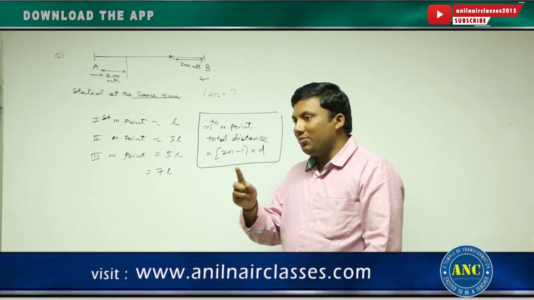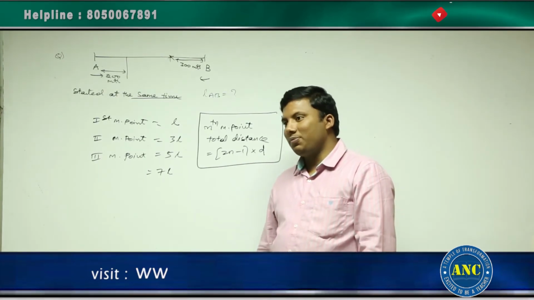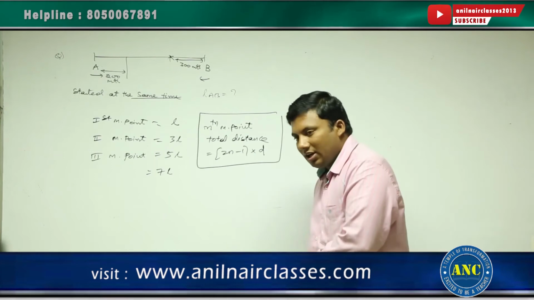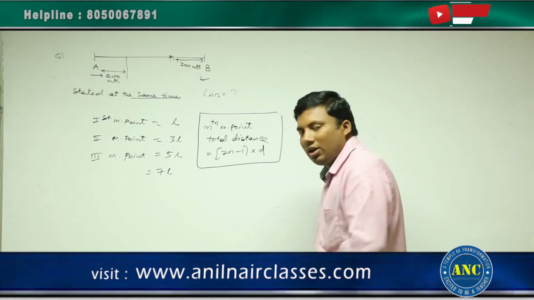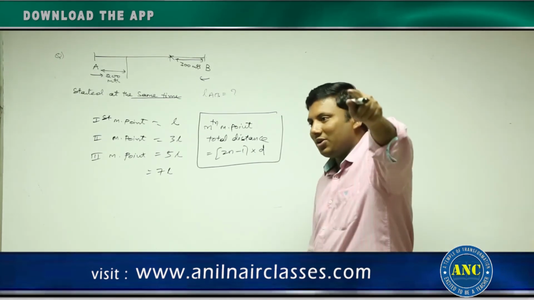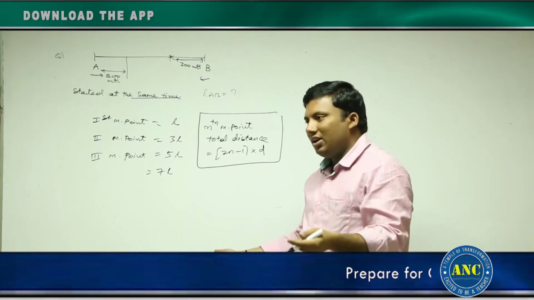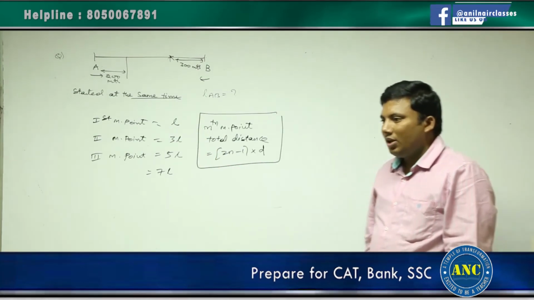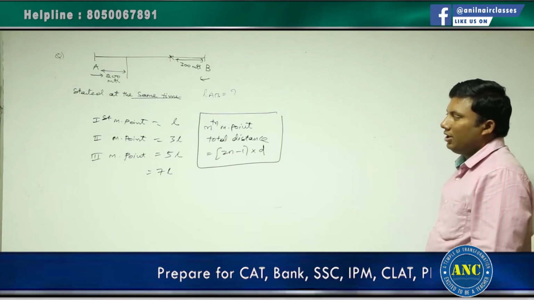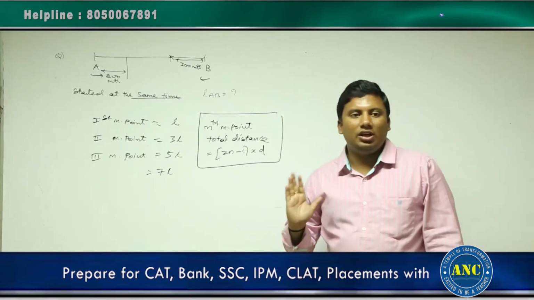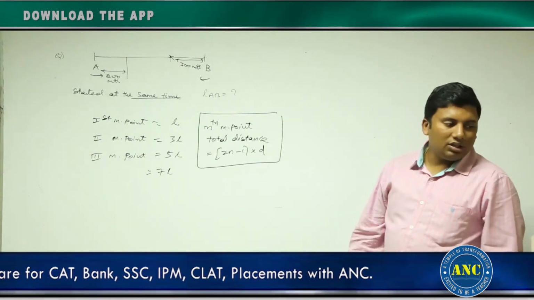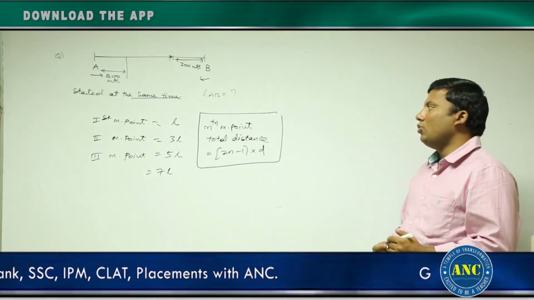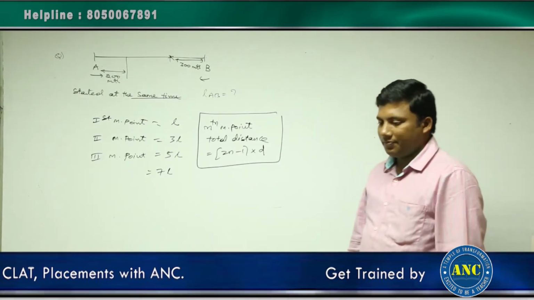In between the meeting points, it is L. 2L plus L, 3L. I am here, L coming back, 2L. You going, coming, 2L. Again in between the meeting points, L, 5L. Nth meeting point is given by (2n minus 1) into D.